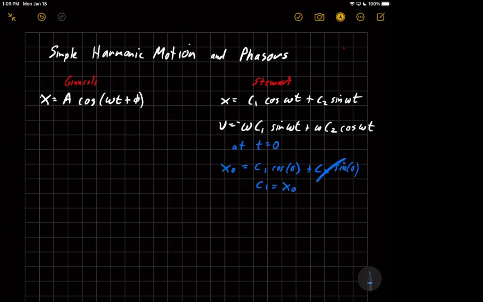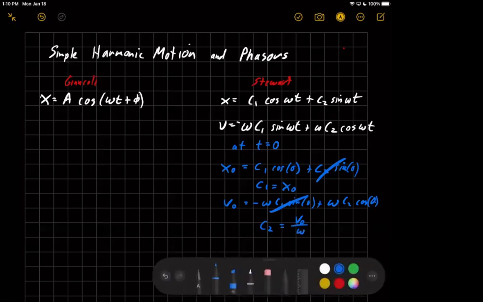All right. Likewise, at time 0, the velocity is v naught, so we could say negative omega c1 sine of 0 plus omega c2 cosine of 0. This time the sine of 0 goes to 0, so that goes away, and cosine of 0 is 1, so we determine that c2 must be v naught over omega.